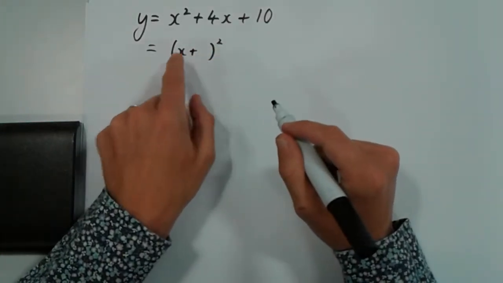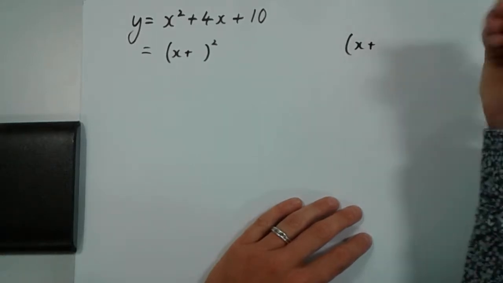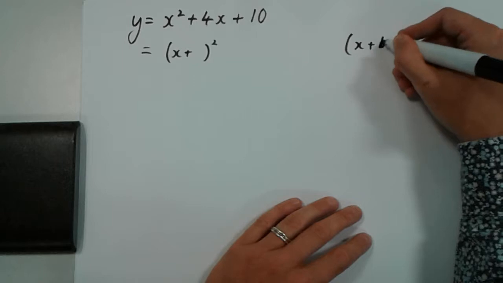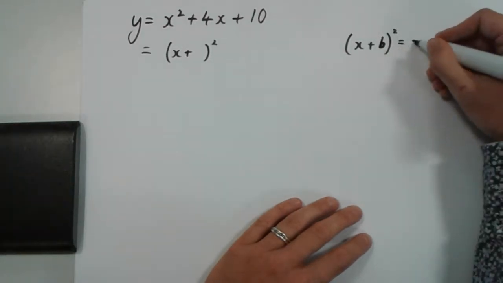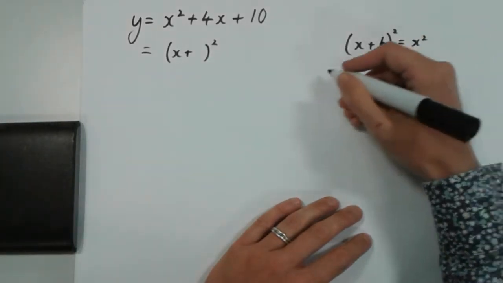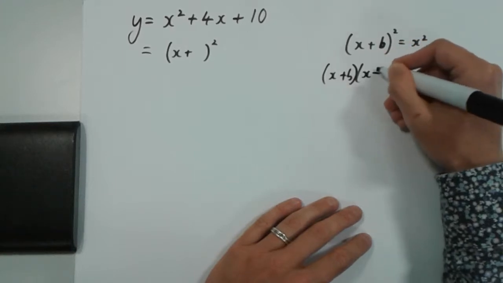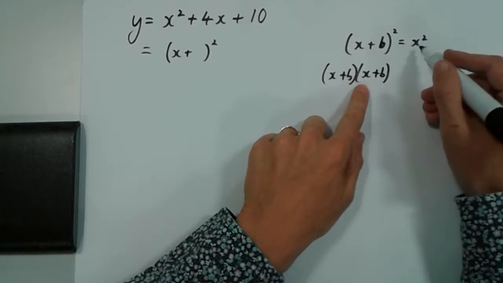Regardless of what I have here, when I do x plus something squared, let's just call that b for now, I'm going to get x squared. Then, if we write this out long ways, I'd get my x times x squared.